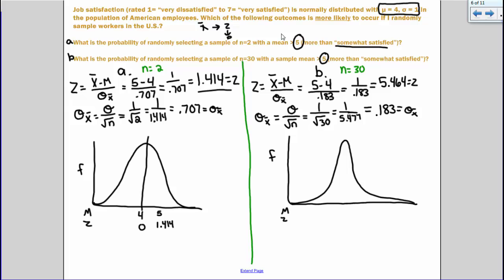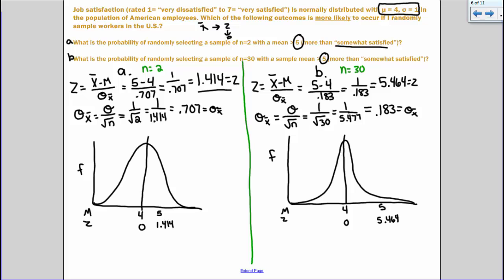Okay, so we've got our mean of 4 from our population, and we're still working with a mean of 5, which is out here, and it has a z-score of 5.464.